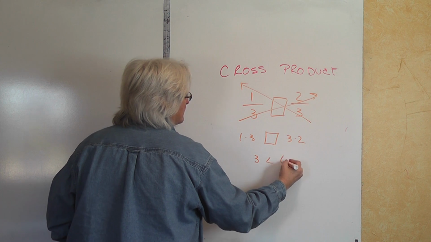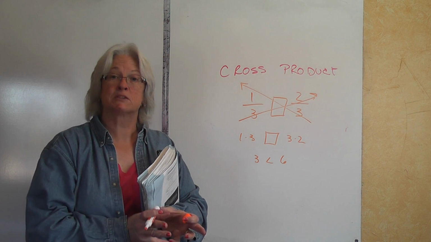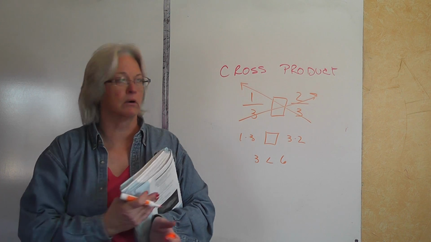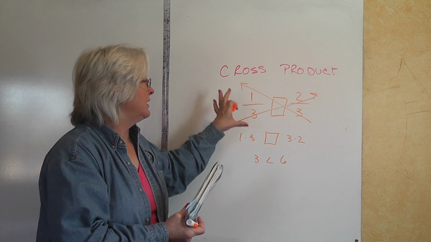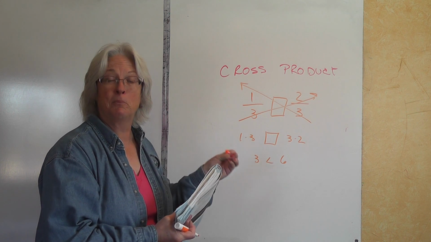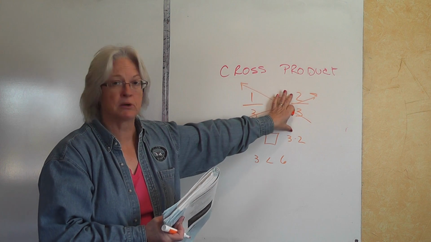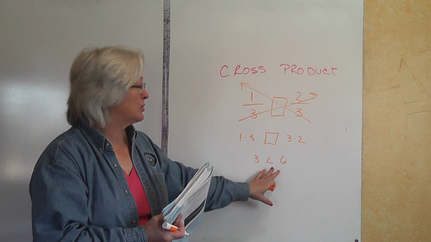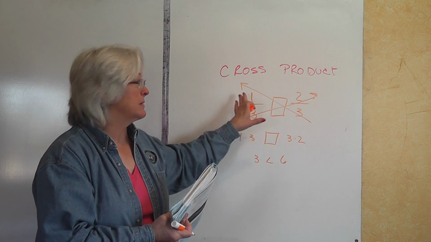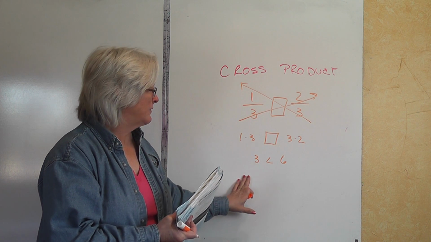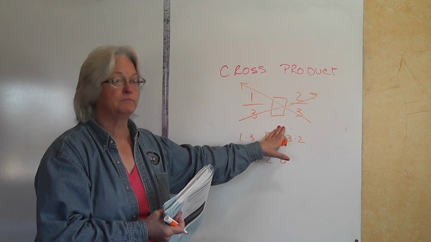And sure enough, 3 is less than 6. So the way that cross products compare to one another, whether they're less than, greater than, or equal to, they compare in direct correlation to how the fractions compare. If the first cross product is smaller than the other, same thing with the fraction. If the cross products are equal, the fractions are equal.